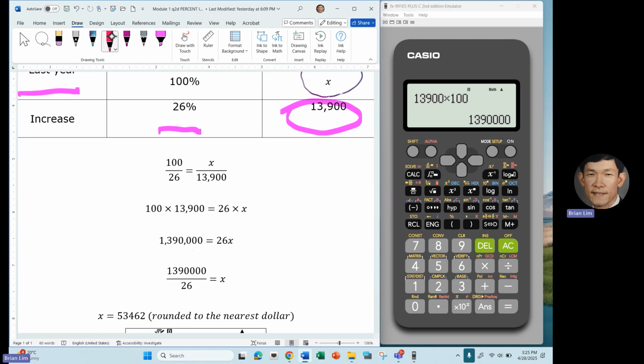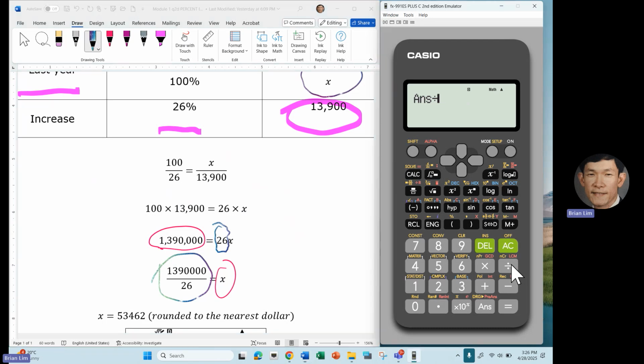Well, x will be equal to this number right here, 1,390,000 divided by this 26 right here. Okay, let's do a better job and put it like that. Which is this division right there. So we have the 1,390,000 on the calculator already.